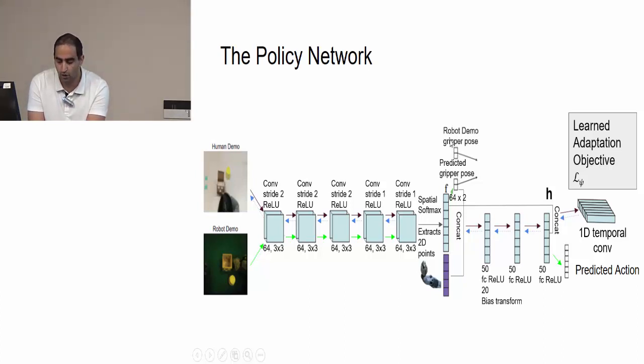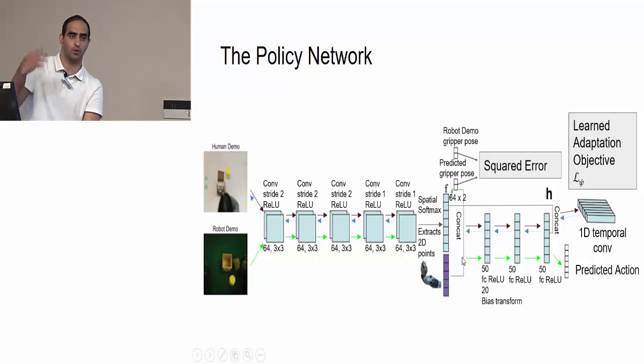And we also know from the demonstration what the robot gripper pose is, so we can easily calculate the squared error for this. Because the actions are more complicated than just the gripper pose, we also use these ReLU and fully connected layers to predict the more complicated actions, which are forces and torques applied to robot joints.